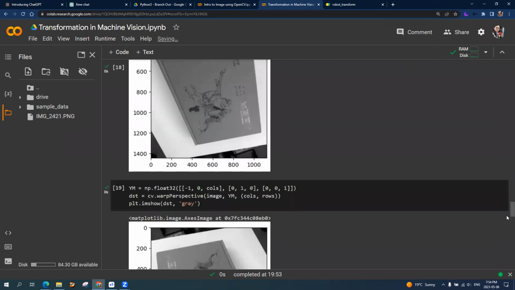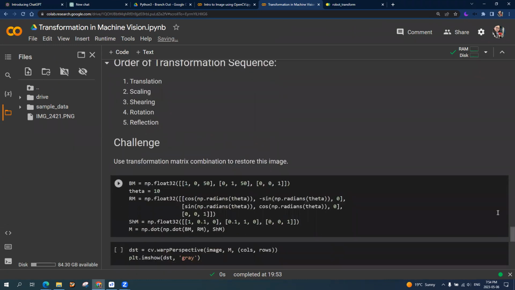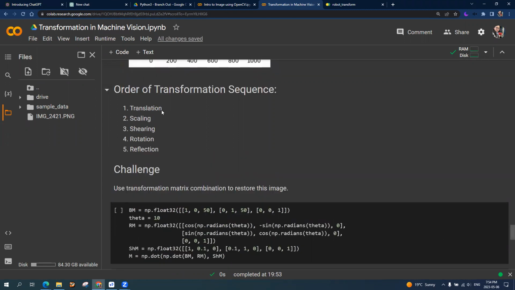Okay, so now next, we need to specifically talk about the order of the transformation sequence. When you swap the order around, it does not bring the same effect.